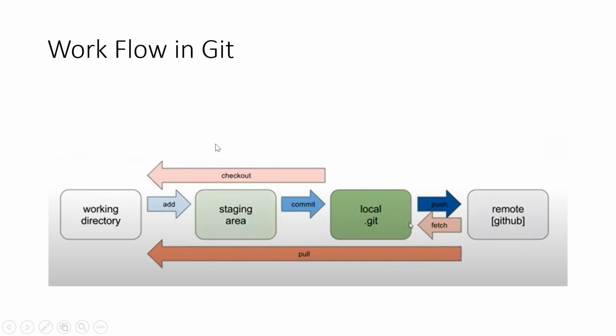So this is the basic workflow if you would like to push your project from local machine to GitHub repository. This is what we are going to see practically, and we'll see what problem we face and how to resolve it. So I'm taking you to the implementation of this.